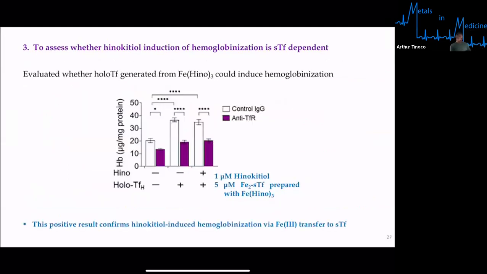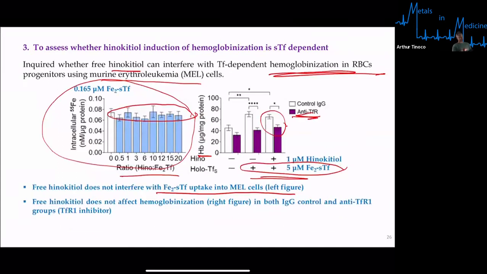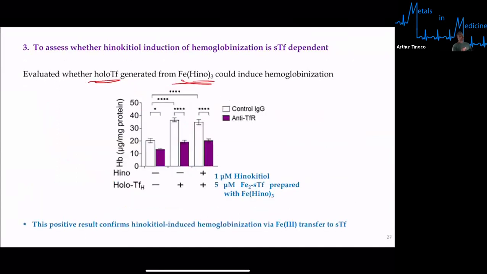Then they evaluated whether the iron transferrin generated from the actual compound, the iron bound to the ligand, can induce hemoglobinization. That's basically the same experiment I was just showing you, but this iron transferrin was made using the small molecule, so made in situ.